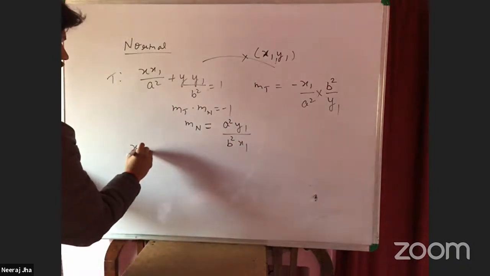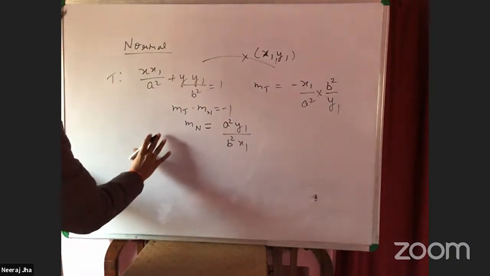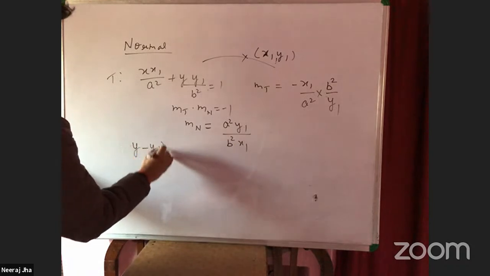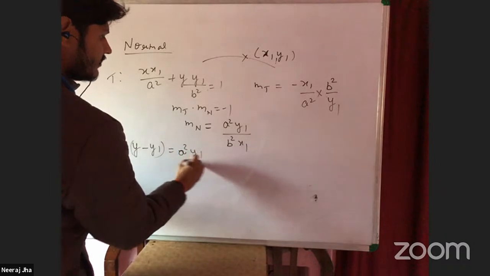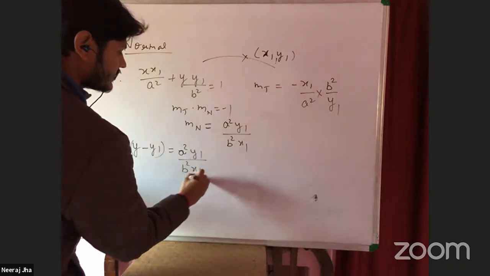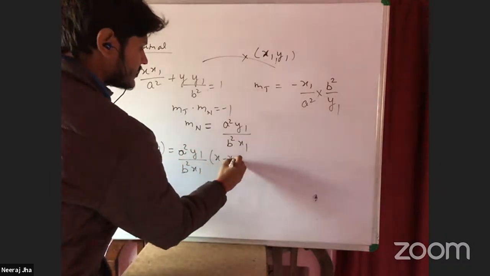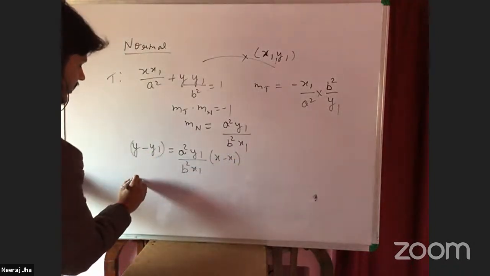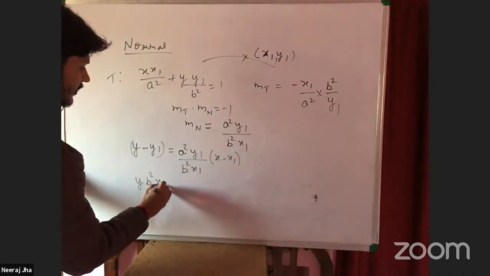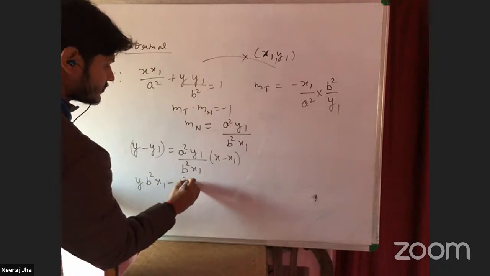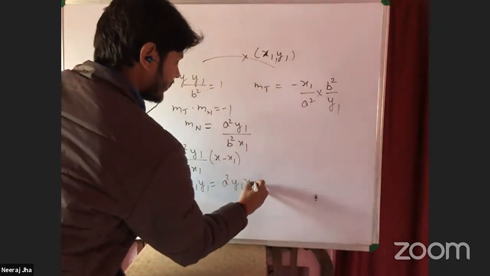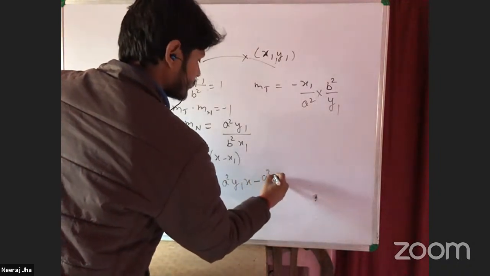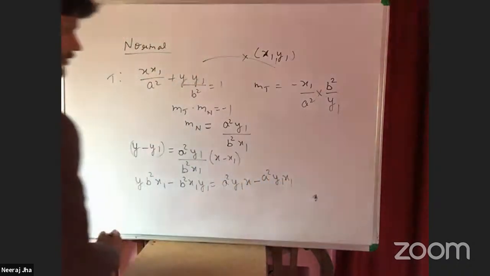So the equation of the normal will be y minus y1 is equal to a square into y1 upon b square into x1, into x minus x1. Rearranging these terms: y into b square into x1 minus b square into x1 into y1 is equal to a square into y1 into x minus a square into y1 into x1.